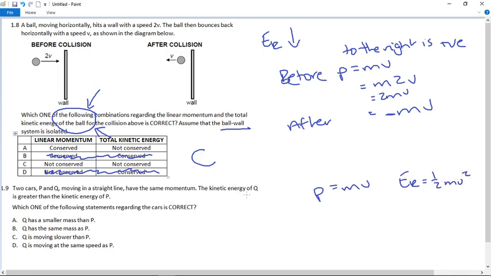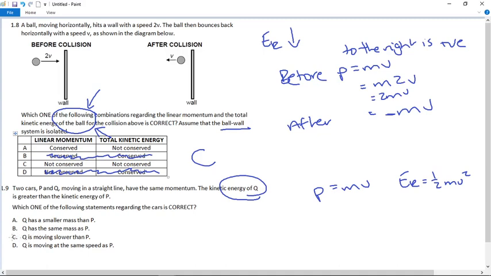If one of them has got a greater kinetic energy, something must be different. So which one of the following statements regarding the cars is correct? In this one, the kinetic energy of Q is greater. We've got to see what we can get rid of here.